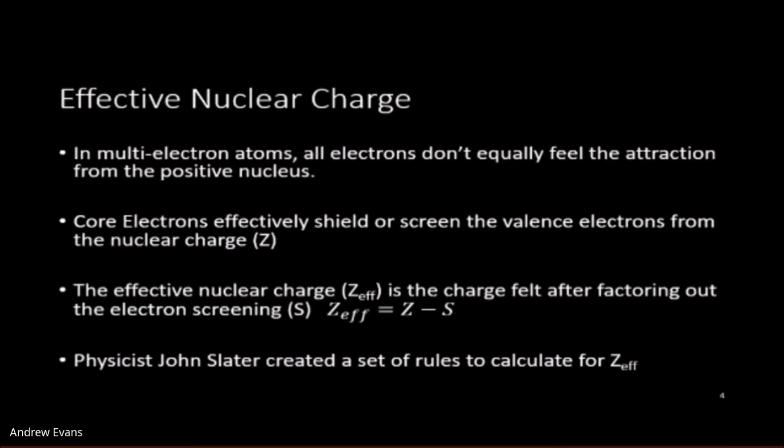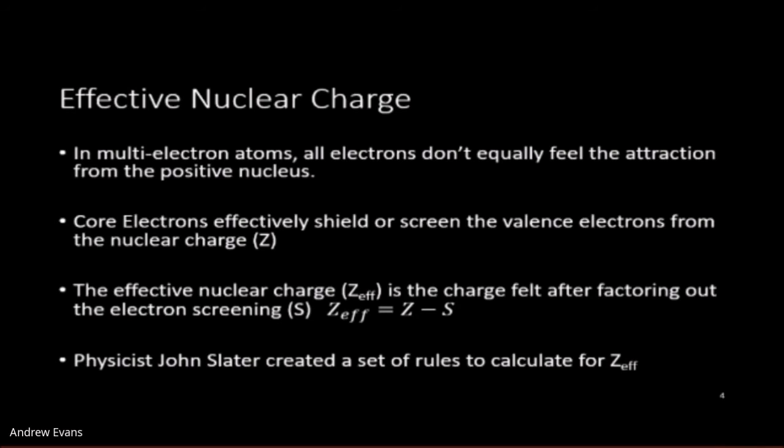The first thing we have to understand is effective nuclear charge. And that's going to be related to size, among all other things. Effective nuclear charge is essentially how well the nucleus affects the electrons.